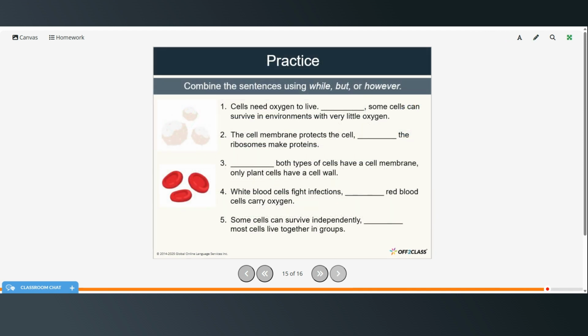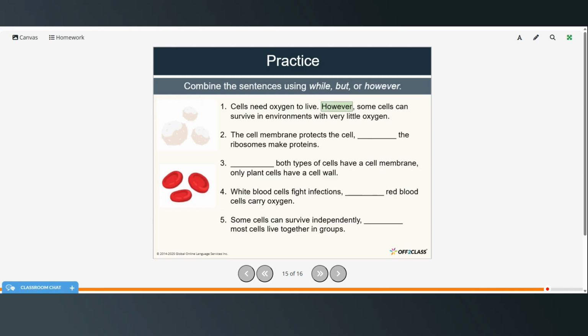All right, so now you're going to practice combining these sentences using while, but, or however. So go ahead and try these on your own and then restart when you're ready to check your answers. All right, number one, cells need oxygen to live.